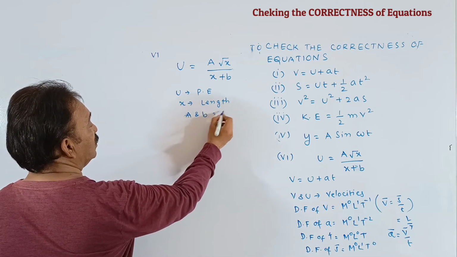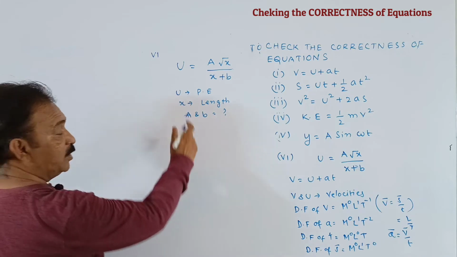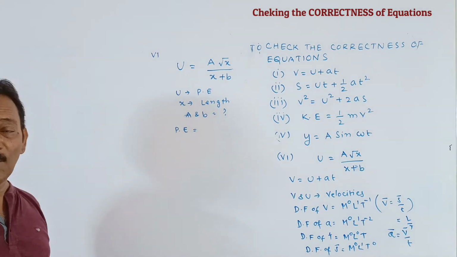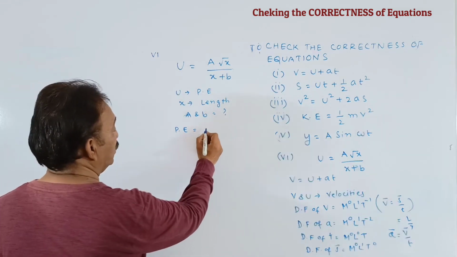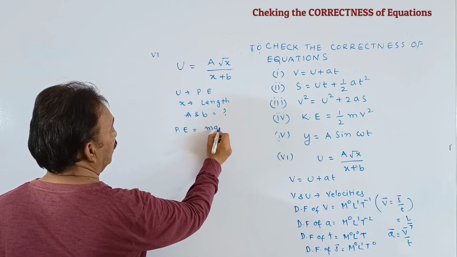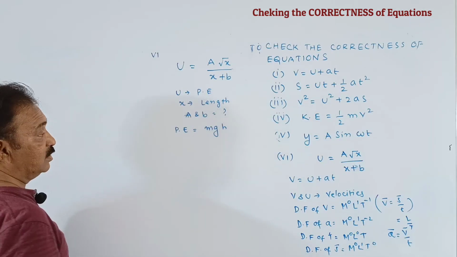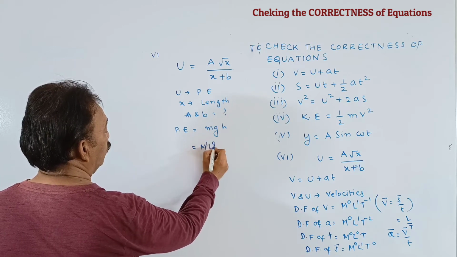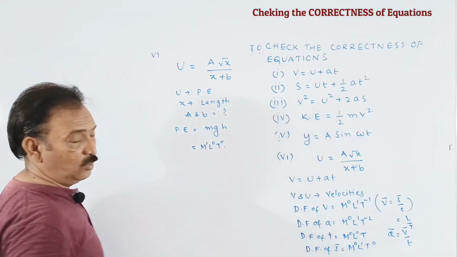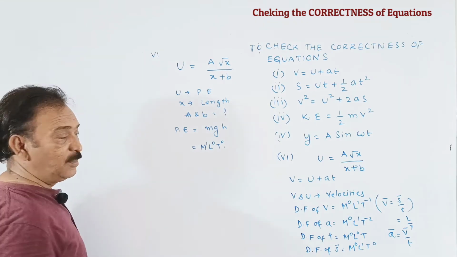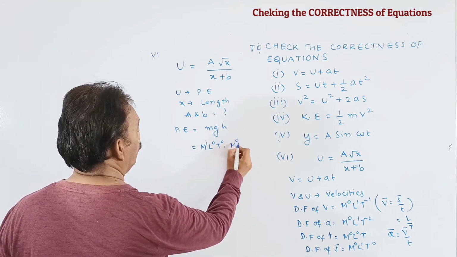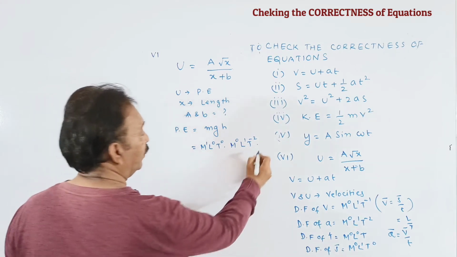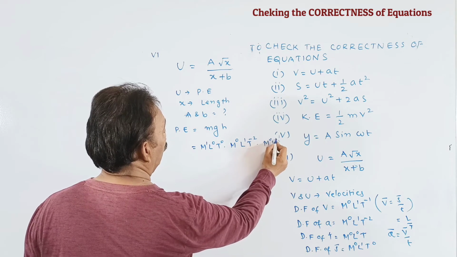First, we have to write the dimensional formula for potential energy. Potential energy is the energy possessed by a body by virtue of its position, so you can write it as mgh. The dimensional formula of m is M1 L0 T0. g is acceleration due to gravity, and any acceleration has the dimensional formula M0 L1 T inverse 2. h is the height, which is a length, M0 L1 T0.